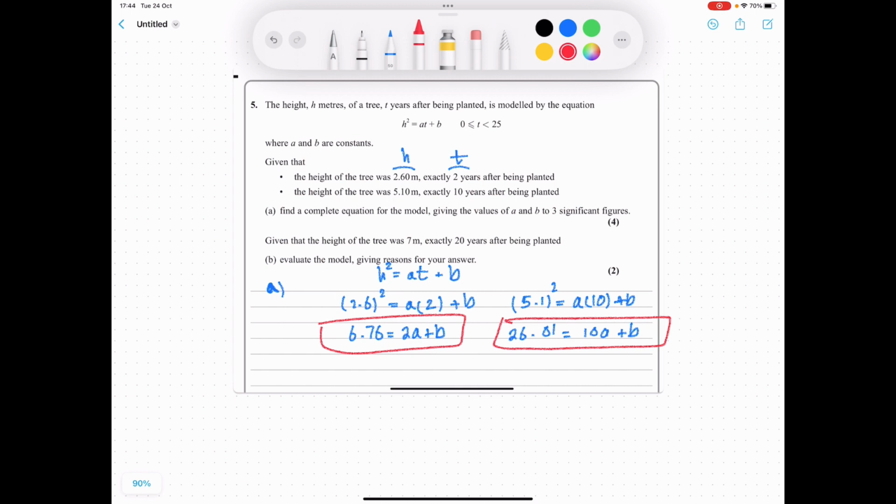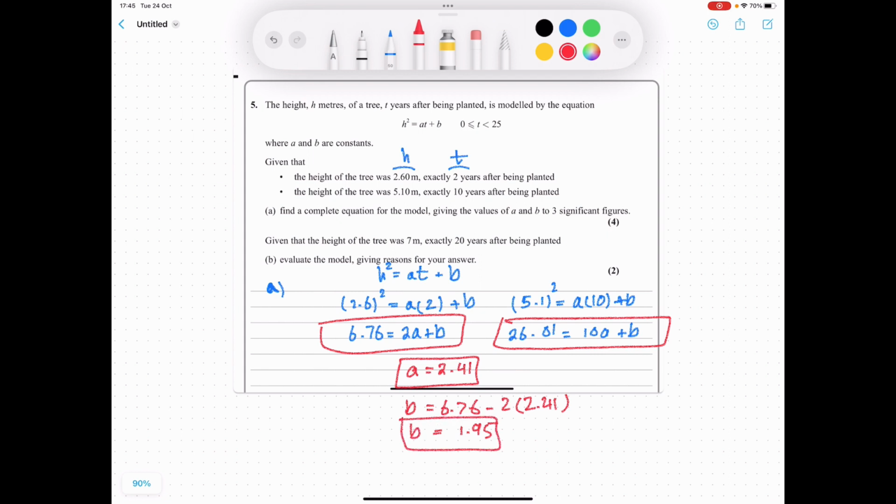After solving them simultaneously we get a equal to 2.41, and b is equal to 6.76 minus 2 times 2.41. Therefore b would be equal to 1.95.